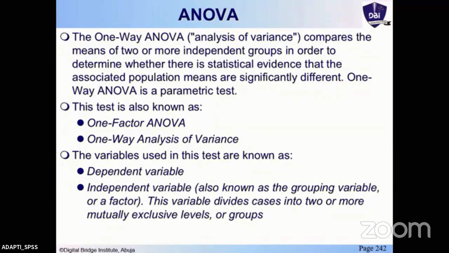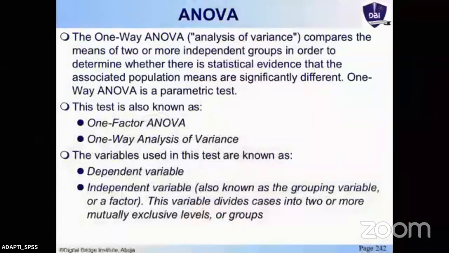The one-way ANOVA, analysis of variance, compares the mean of 2 or more independent groups in order to determine whether there is statistical evidence that the associated population means are significantly different. Don't forget, it's 3 or more.